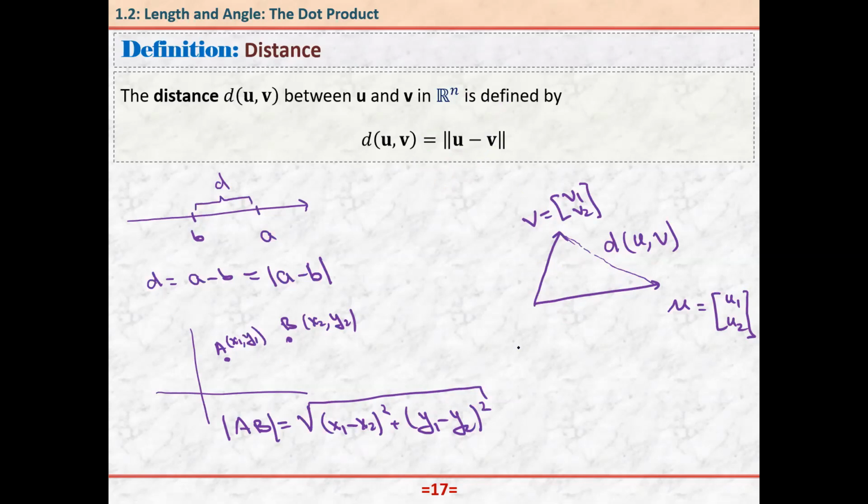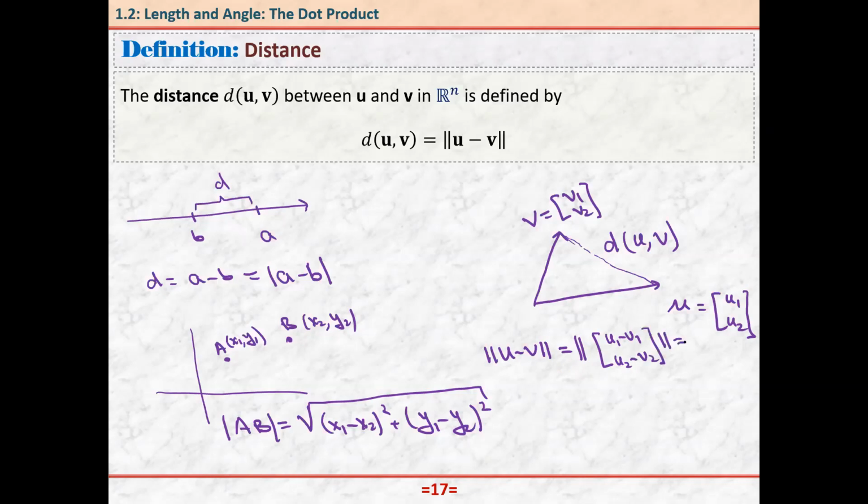If I just write here, what is the norm of u minus v? We know that it's just the square root of u minus v dot u minus v. Here we have u minus v, meaning u1 minus v1 and u2 minus v2.